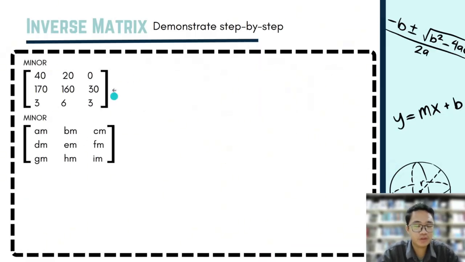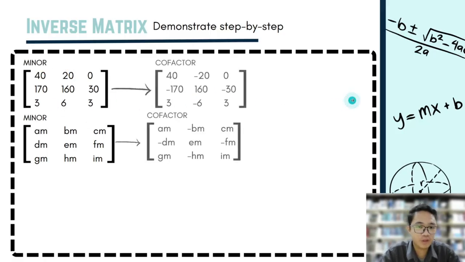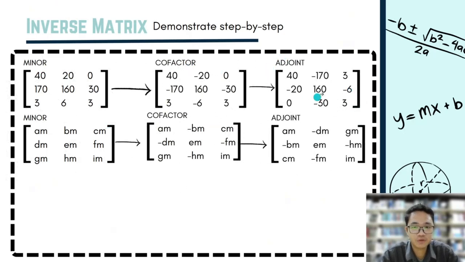The fourth step is to change the answer you get from the minor, find the cofactor of it, and then transpose it to get the adjoint. For the cofactor, you need to add negative on these 4 elements, and for the adjoint, you need to transpose it, which means the position of each has been transferred here.